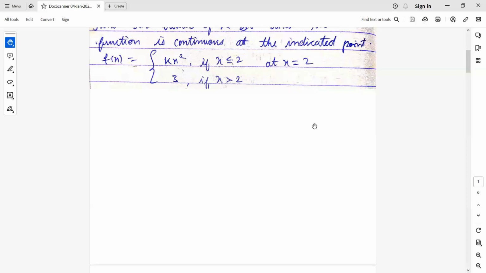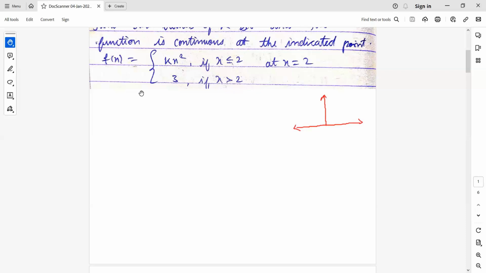In the solution part, we are discussing by considering what the function is. In the question it's already given that the function is continuous. So write down f of x is continuous at x is equal to 2.